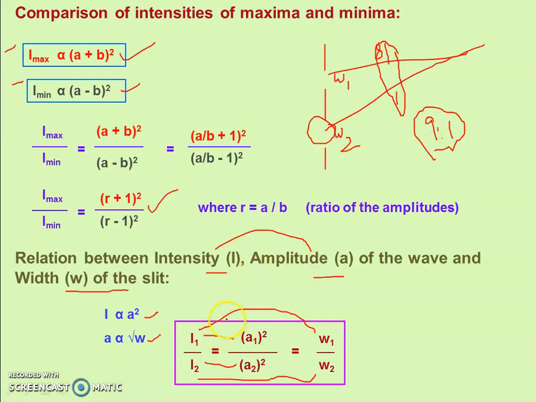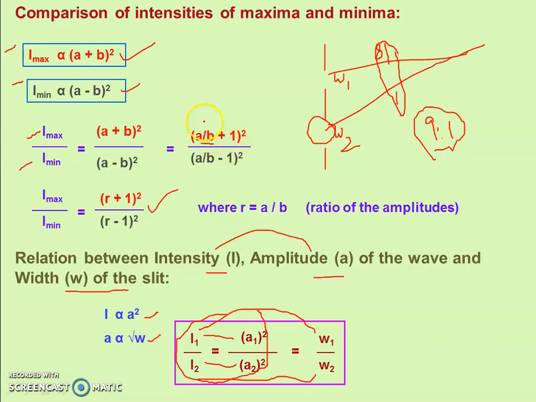Now, what will be the ratio of maximum intensity and minimum intensity? In place of A by B, we substitute 9/1.